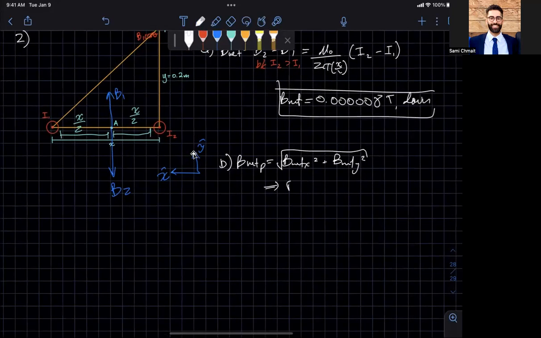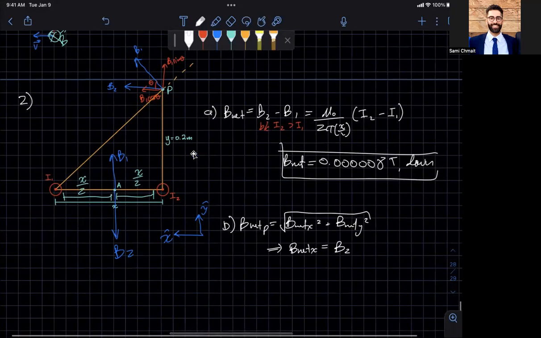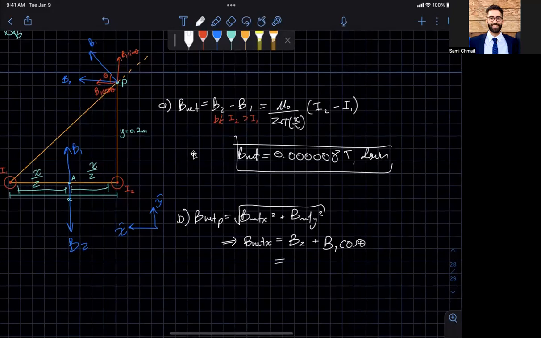So let's start with the x direction, B net x. What's in our x direction? We have B2. That's why, again, I put my coordinate system going this way. So it's plus B1 cosine theta. Now you just have to plug in and factor everything out. Mu naught and 2 pi are going to come out.